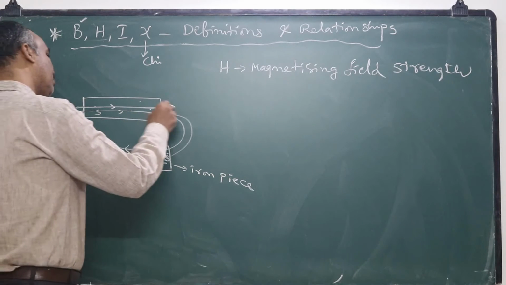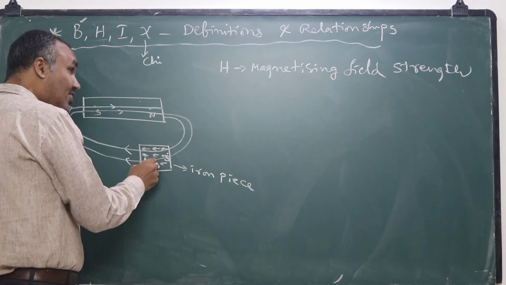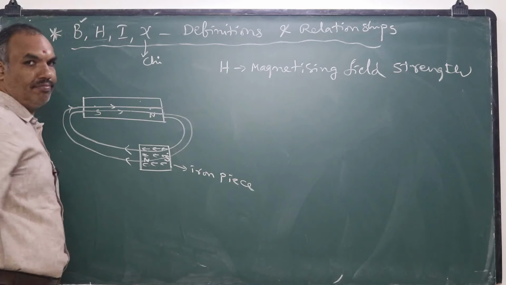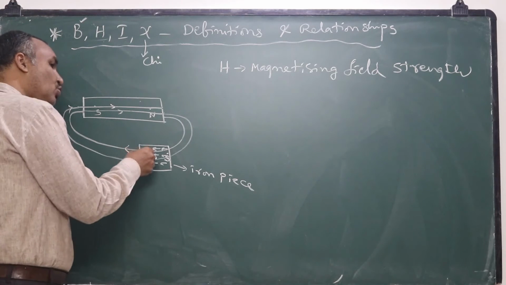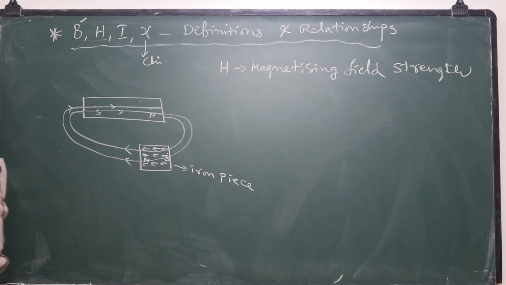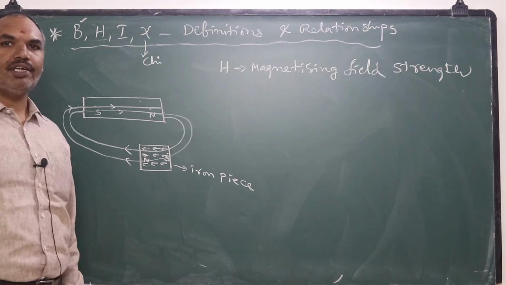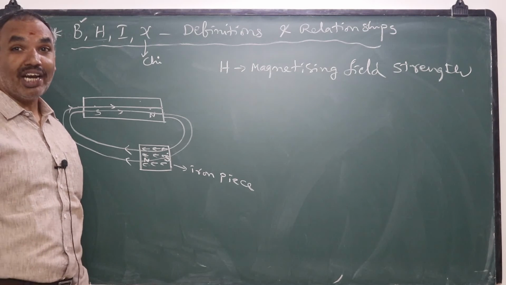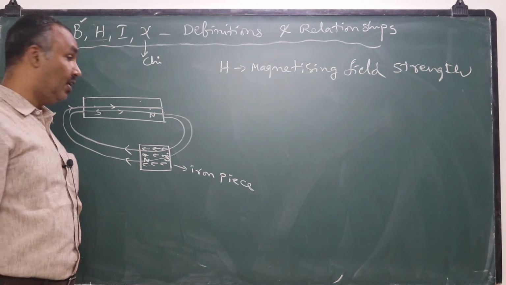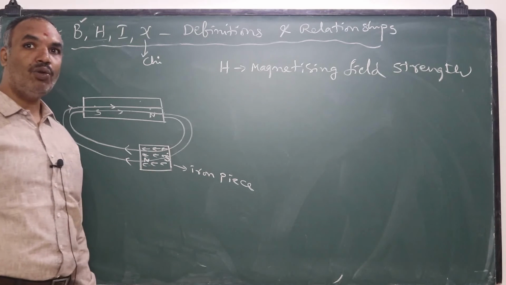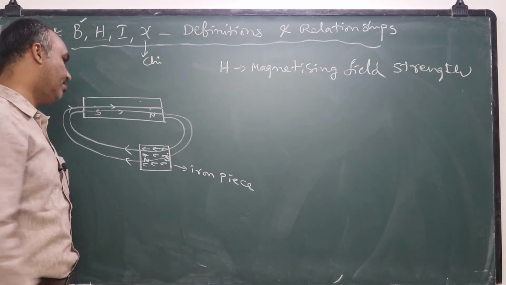Due to this magnetizing field, it got some magnetic induction. Magnetic field is induced. Induced means when something is absent and you try to generate it in that particular body, such a process of generating is called induction.